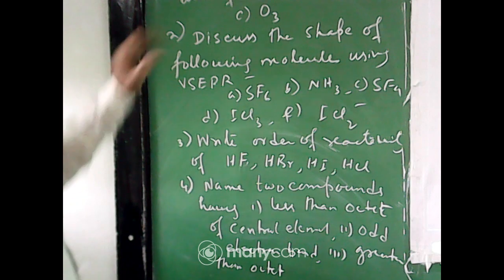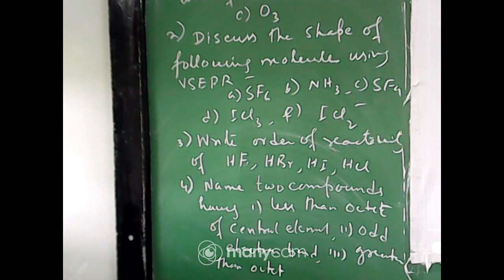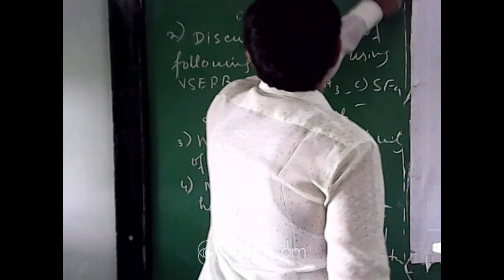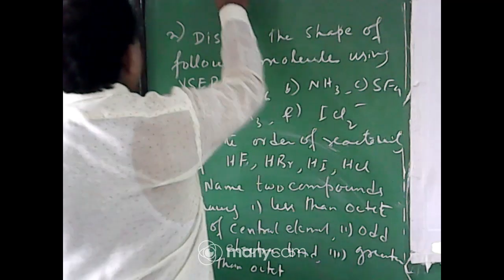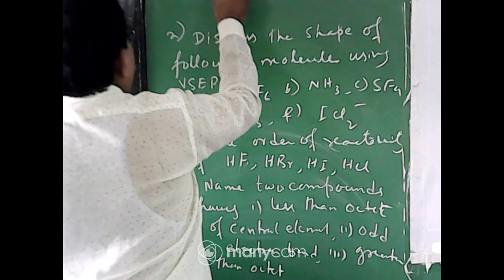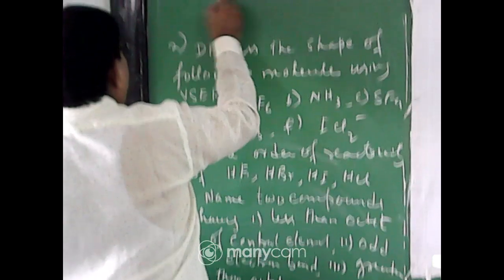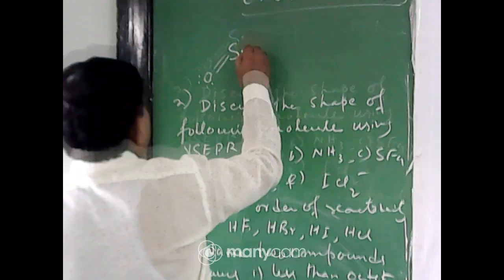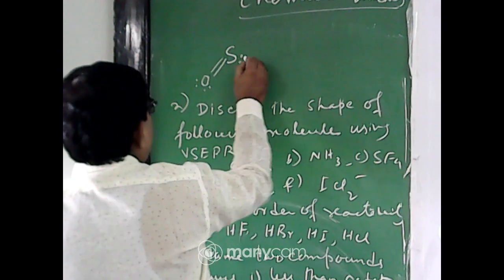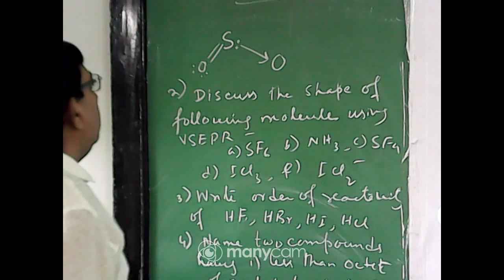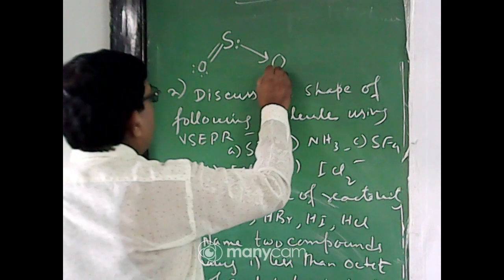So draw the Lewis dot structure of SO2, CN minus and O3. This SO2, what will be the Lewis dot structure? Sulfur has 6 electrons. 2 electrons form 2 covalent bonds with 2 oxygen atoms, and another 2 electrons form a coordinate bond with another third oxygen.